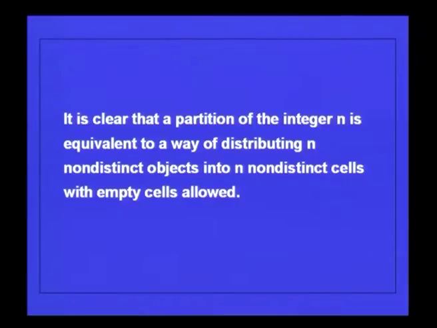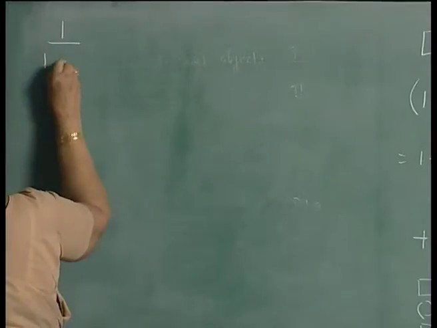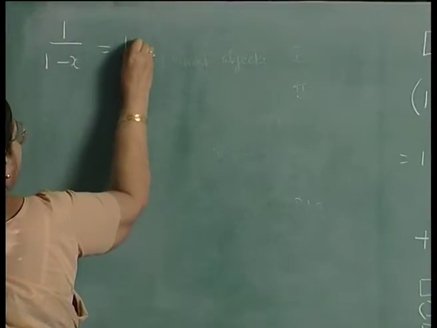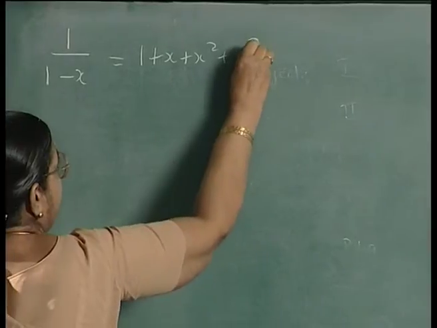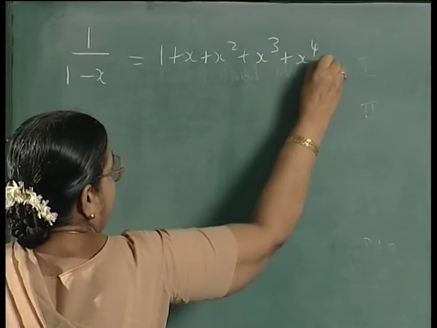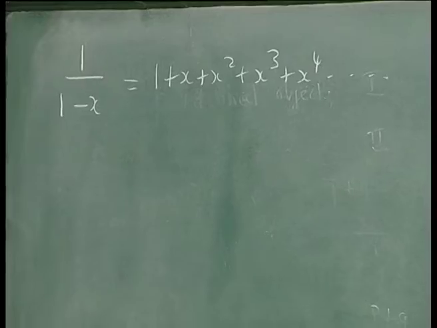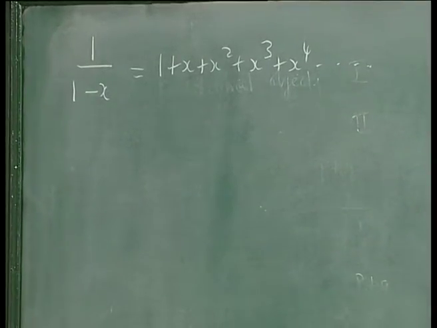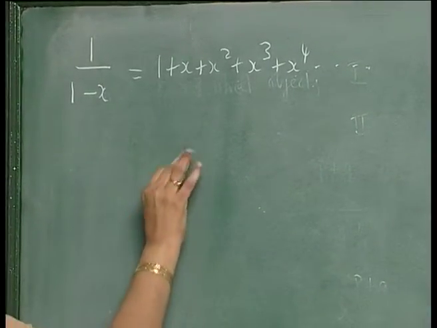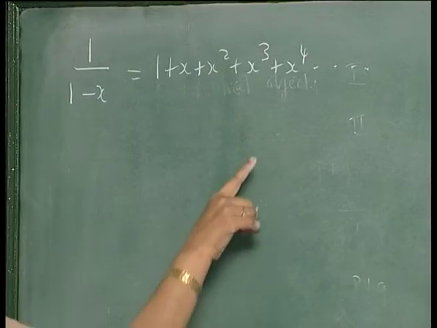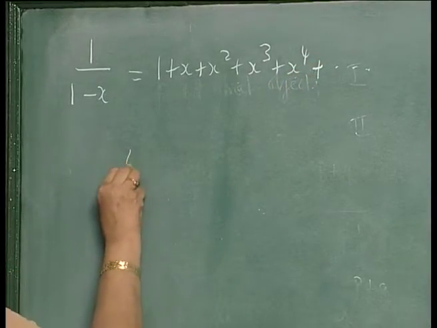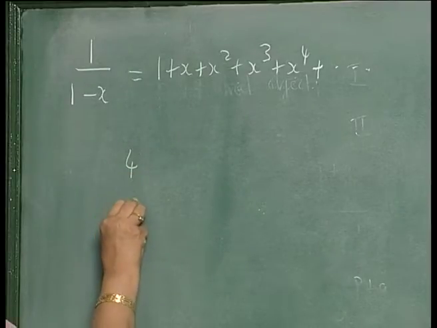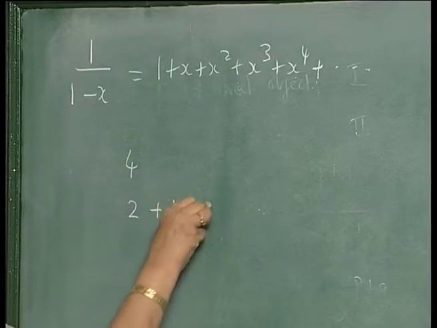Consider this expression, 1 by 1 minus x. This is equal to 1 plus x plus x squared plus x cubed plus x power 4, etc. The number of ways you can have k ones in a partition is 1. So, you can have, for example, 4 split as 2 plus 1.